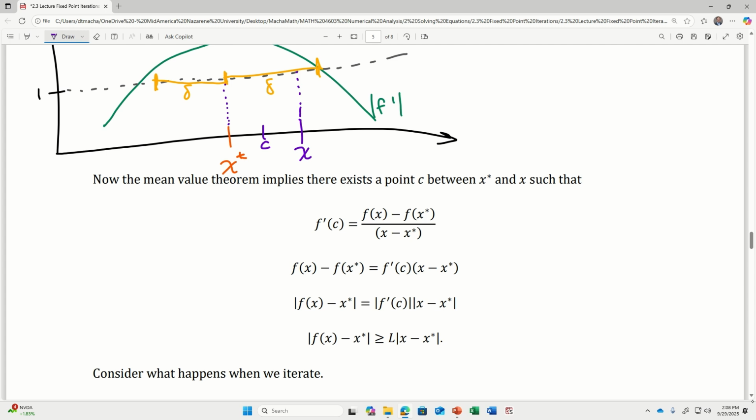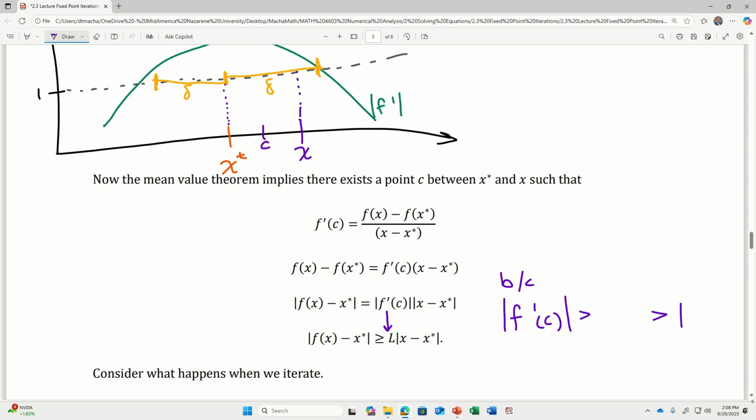And multiply both sides times parentheses x minus x star, put absolute value around all the factors, then we're going to swap out this with a capital L because we said earlier that f prime of c, absolute value, is going to be greater than 1.